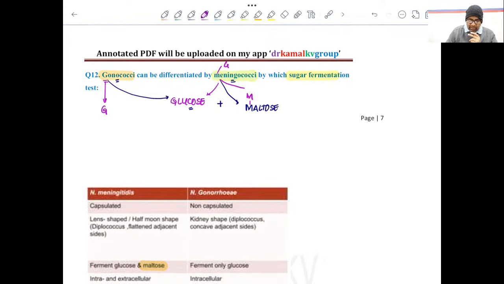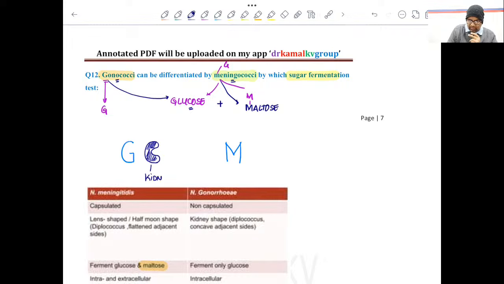Apart from this, there is one more difference, and that is about the shape. So Gonococci, you can write G something like this, and Meningococci you can write M like this. Now the shape of Gonococci is like this. So this is known as kidney shape.